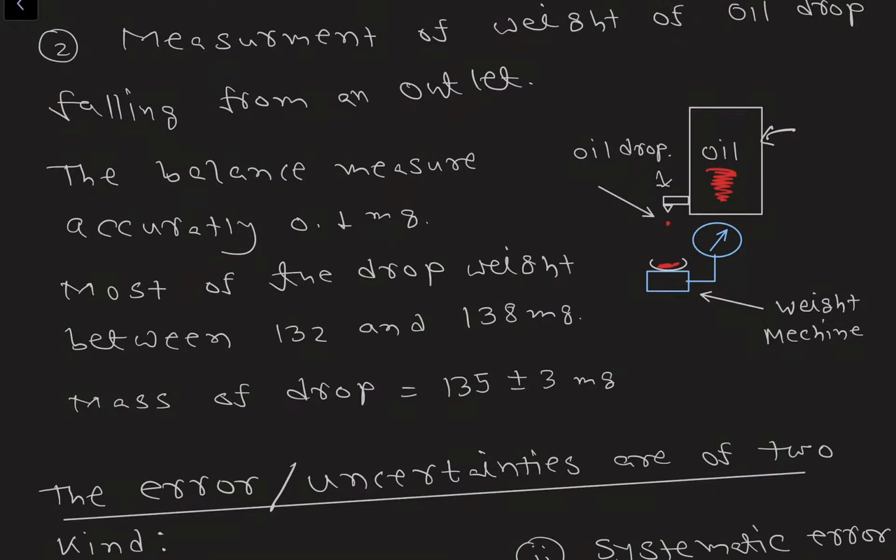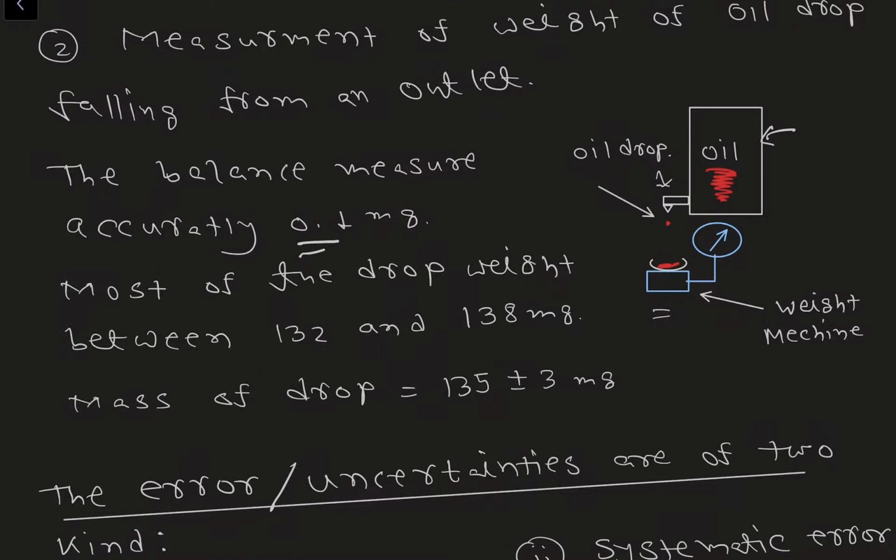Now we want to get a number, like what is the weight of the oil drop coming from that old tap. To do so, we put a weight machine below the tap which has an accuracy of 0.1 milligram. So at minimum, it can measure 0.1 milligram.